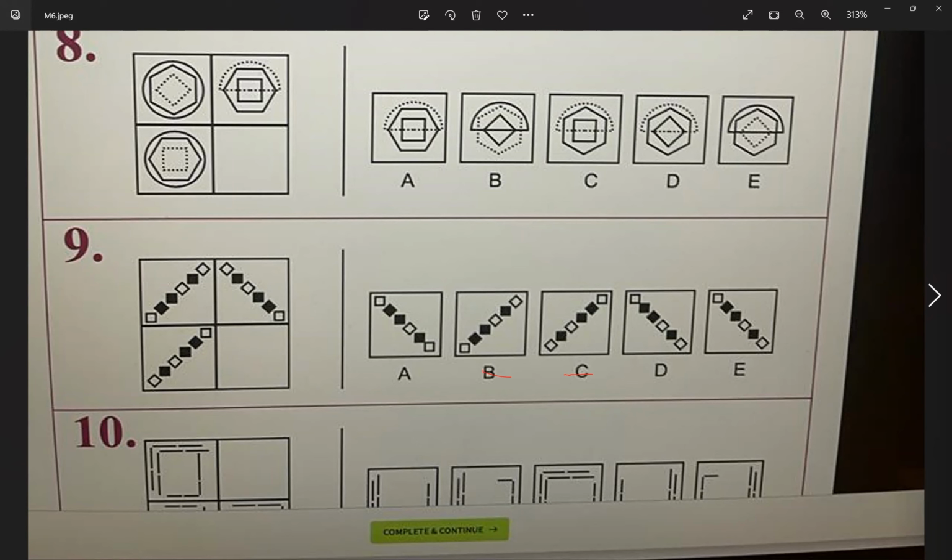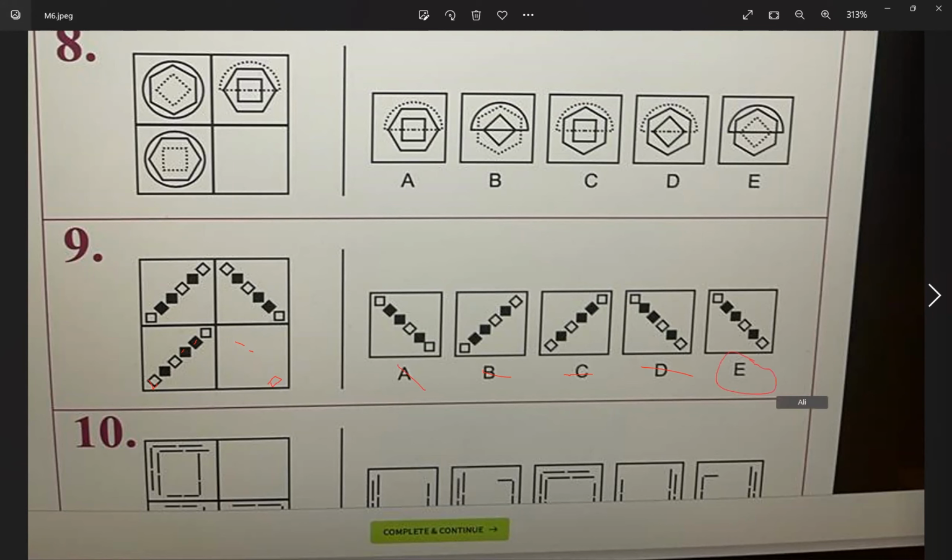Here the square will be on top of the diamond, so you can eliminate D. And at the bottom, the bottom square is a diamond, so this one would also be a diamond, so it can be A, and I think the answer is E.